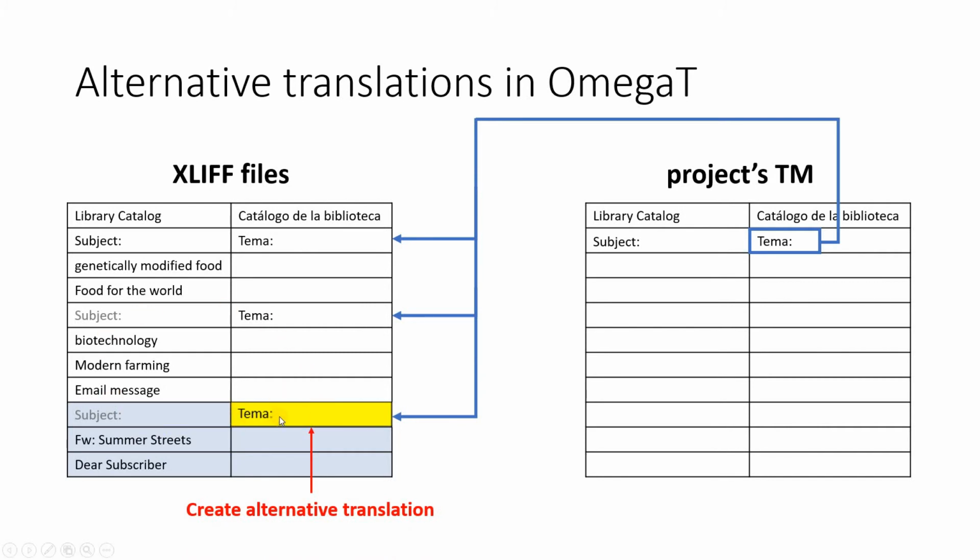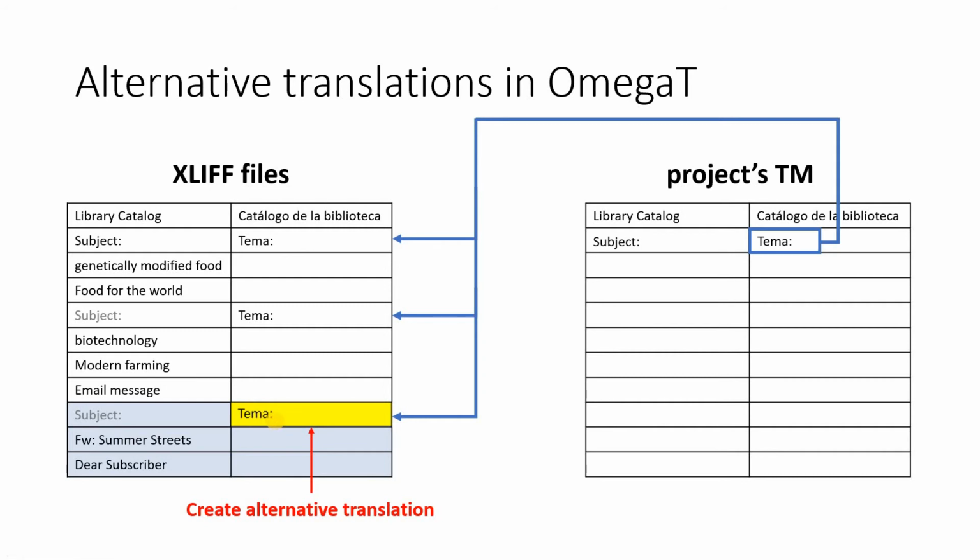Here I would like to point out that I would create an alternative translation for this segment and not for any of the other two, because this is, let's say, the minority. So it makes sense to keep the default translation for segments that are repeated more times, with a meaning that is repeated more times, and create alternative translations for segments that appear fewer times.